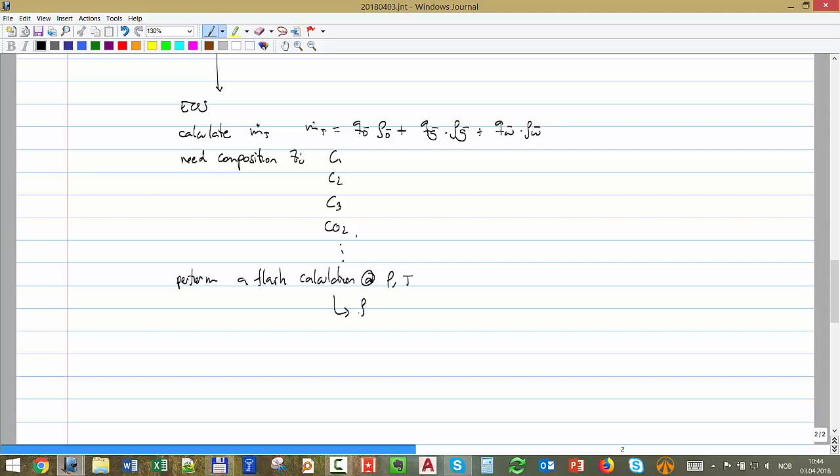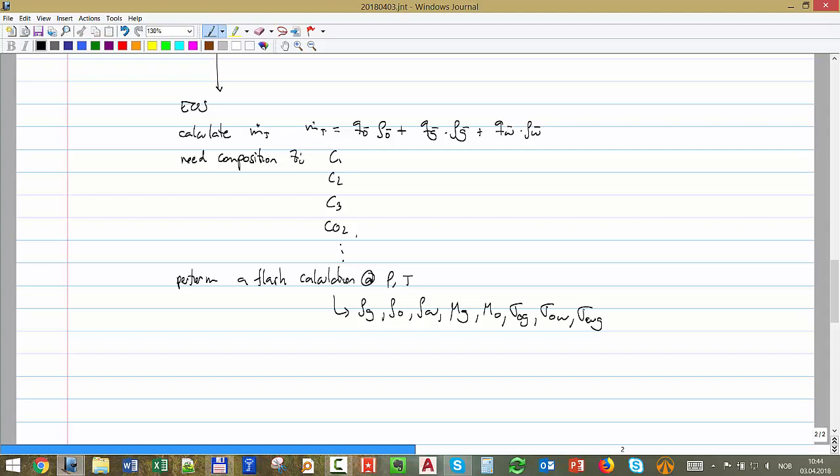And from there I calculate all the things that I need. I calculate from there the density of the gas, the density of the oil, the density of the water. I need the viscosity of the gas, the viscosity of the oil, interfacial tension oil and gas, interfacial tension oil and water, interfacial tension of water and gas.